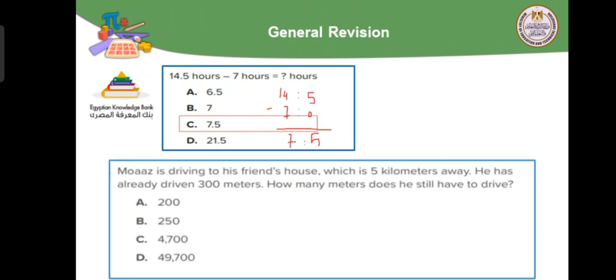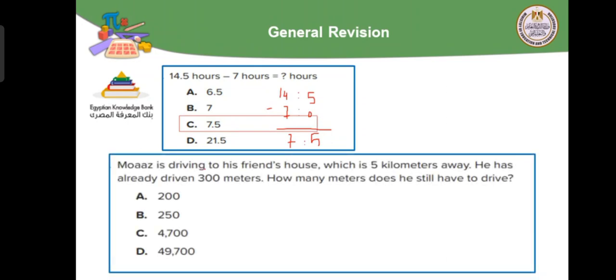Muaz is driving to his friend's house, which is 5 kilometers away. He has already driven 300 meters. Okay, and here this is meters, but this is kilometers. So I should have the same measurement unit. So this will be 5,000 meters.